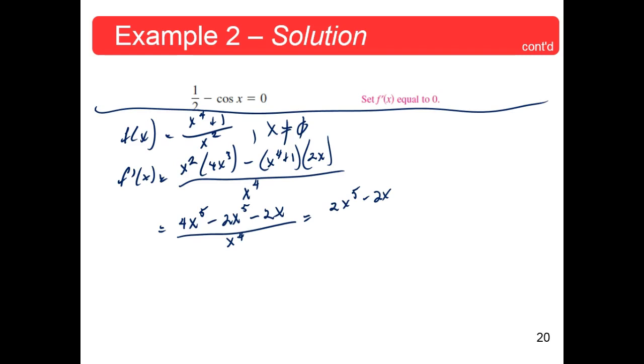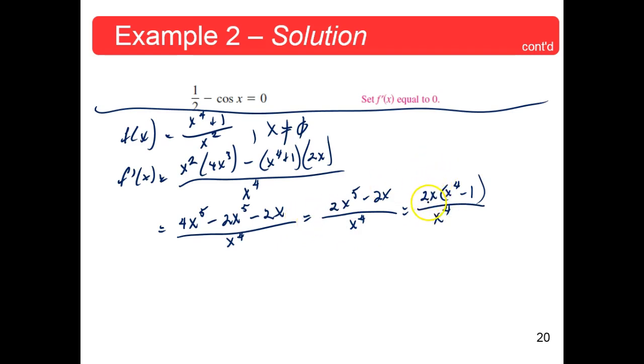Okay. So anyway, we have 2x to the 5th minus 2x over x to the 4th. And now Clark's idea was what? Factor out 2x. A 2x, so that would be 2x times what's left? x to the 4th minus what? 1, got it, over x to the 4th.